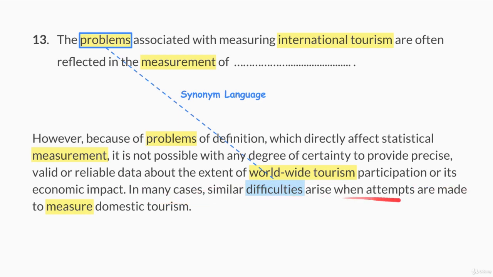This is where I'm going to find my answer, because it's saying that in many cases, similar difficulties arise when attempts are made to measure what? Well, here is the answer: to measure domestic tourism. So that's what this question was asking. So it can happen sometimes that the keywords that you're looking for appear before the answer.